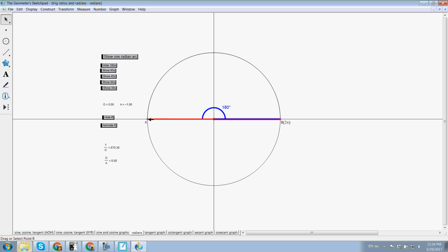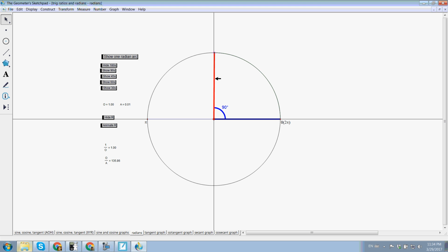Now, what about 90 degrees? Well, 90 degrees would be half of pi radians, or pi halves. What about 270 degrees? This would be 1.5 pi, or pi plus another pi halves.